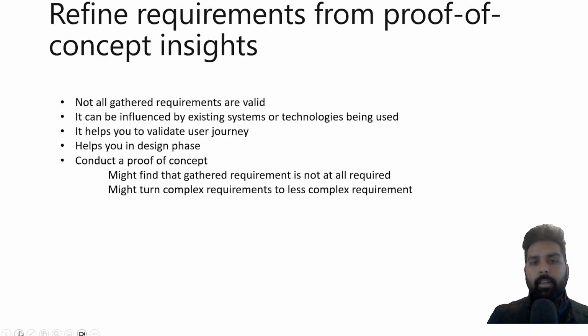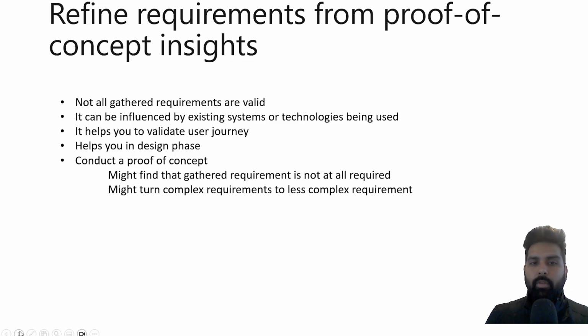So you should conduct a proof of concept. You might find that a gathered requirement is not at all required, or you might see as a result of the proof of concept that a requirement which you were thinking of as complex might turn out to be less complex.